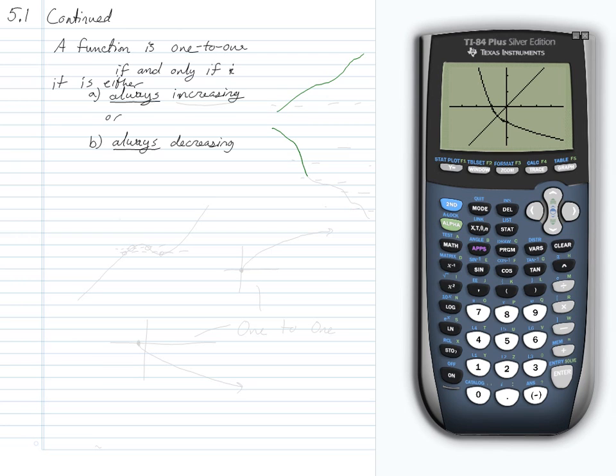So we can decrease quickly or slowly or some combination thereof. And we see that the horizontal lines only hit this graph at one point. Trouble arises if we have a graph that increases and then decreases and then increases, maybe. So there we have issues.